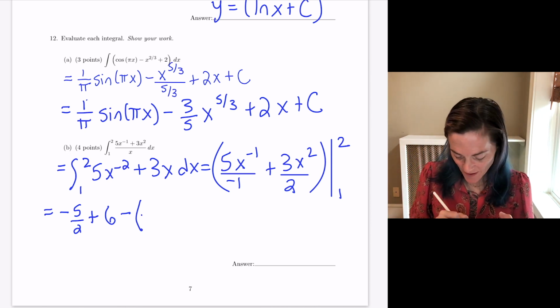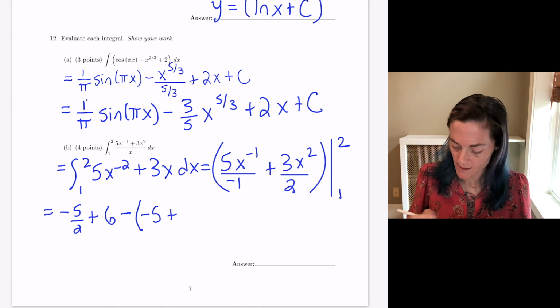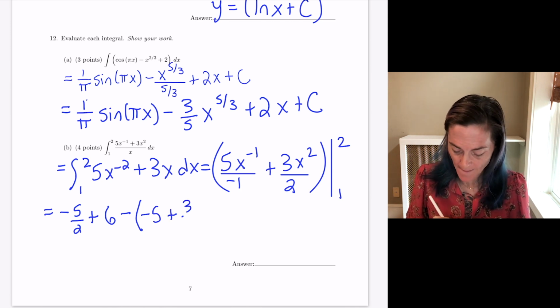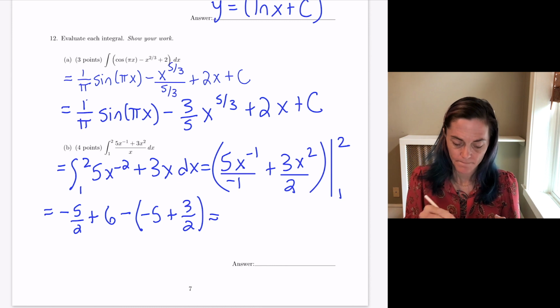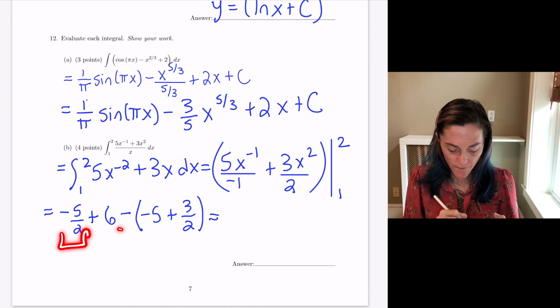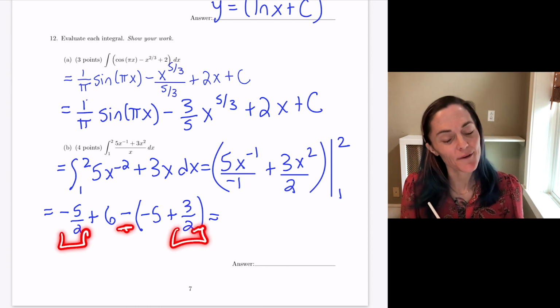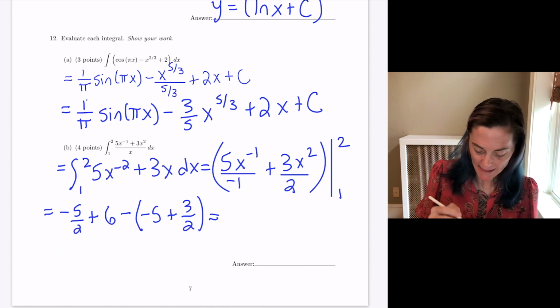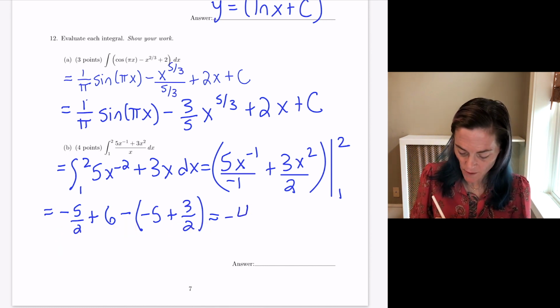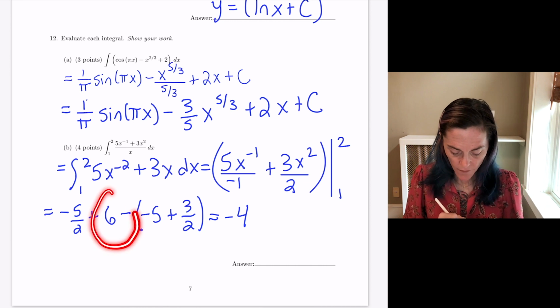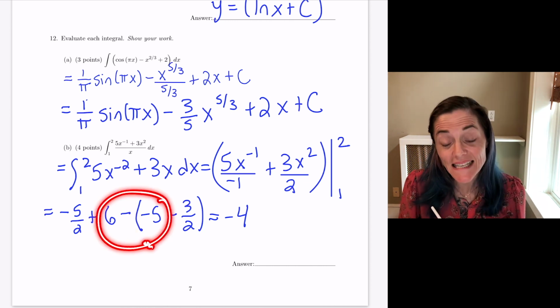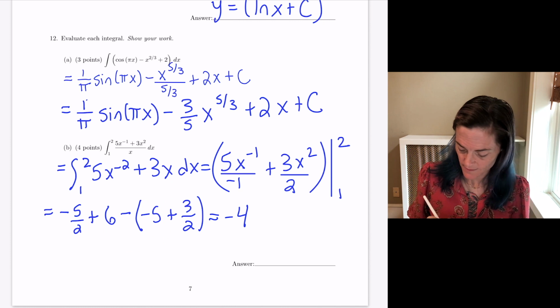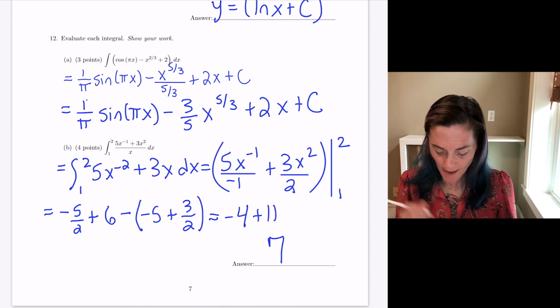We have minus 5 plus 3/2. Here I have minus 5/2 minus 3/2, which gives me minus 8/2, or minus 4. And then I have this part, which is plus 11. My final answer is 7.